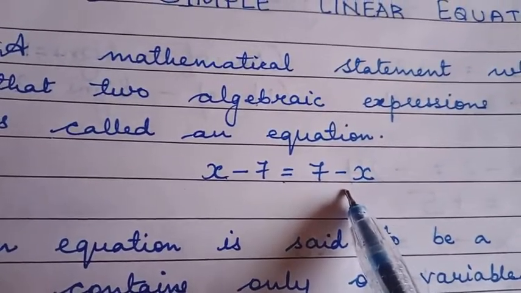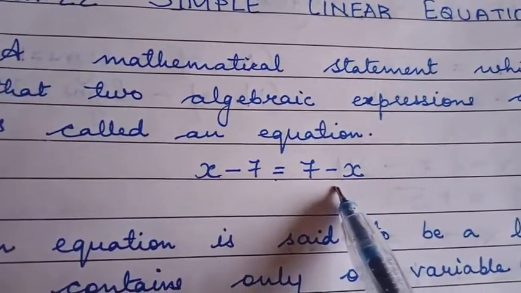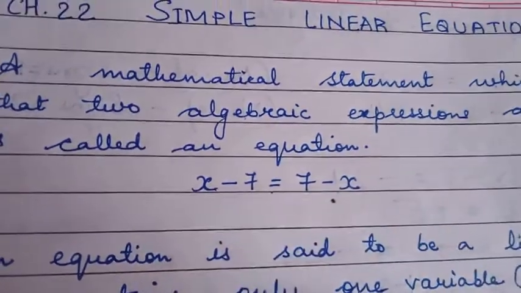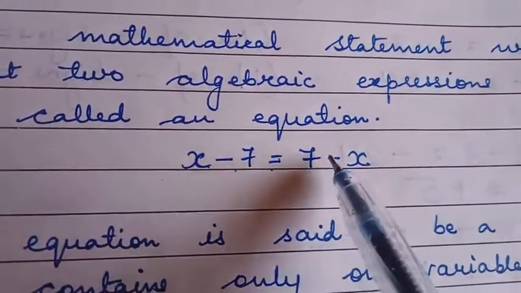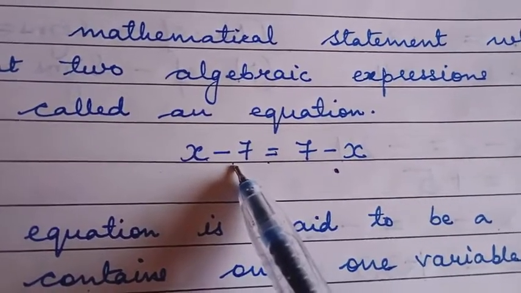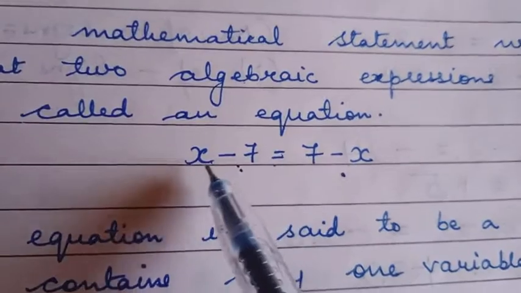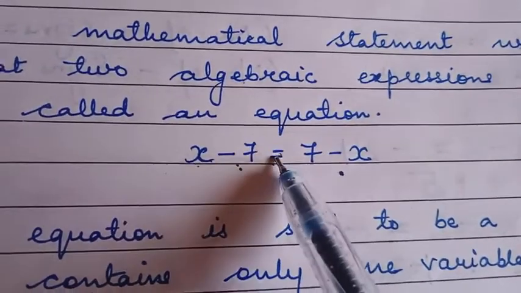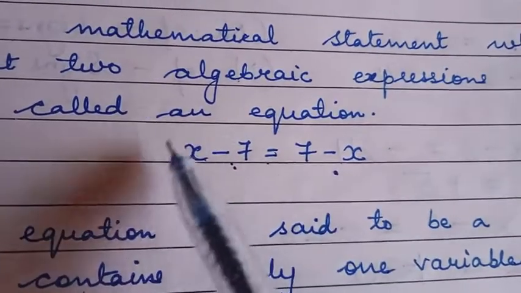Now in algebraic expression, you have only dealt with simplify, evaluate, in which there was no is equal to sign. Now here you will have is equal to sign in between two algebraic expressions. You can see x minus 7 is equal to 7 minus x. Why is this called an equation?